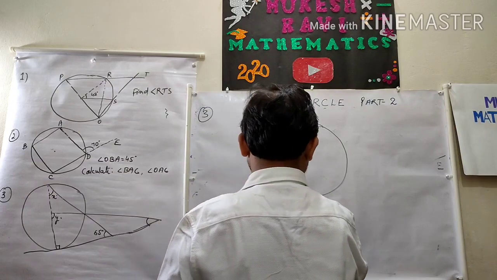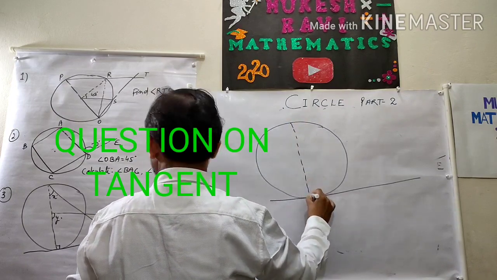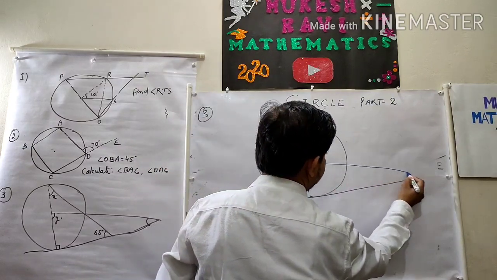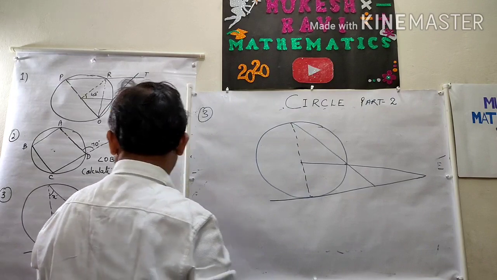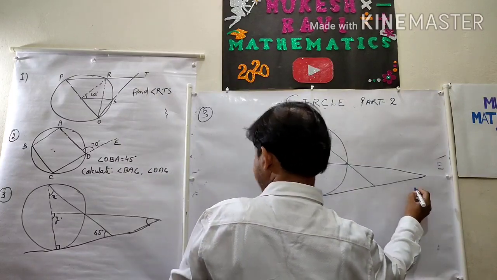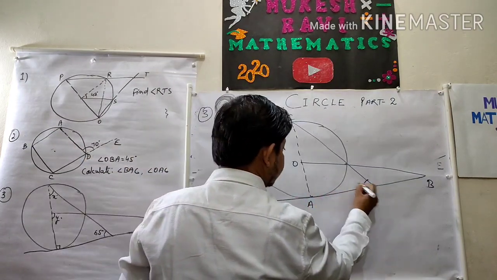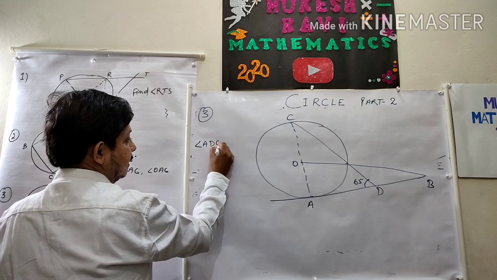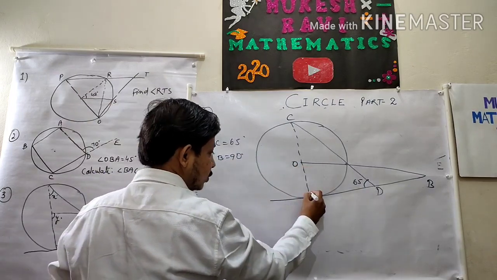Suppose this is a tangent, this is center, this is A, this is B, this is C. This is D, angle ADC equal to 65, angle OAB equal to 90 degree, point of contact of radius to tangent.